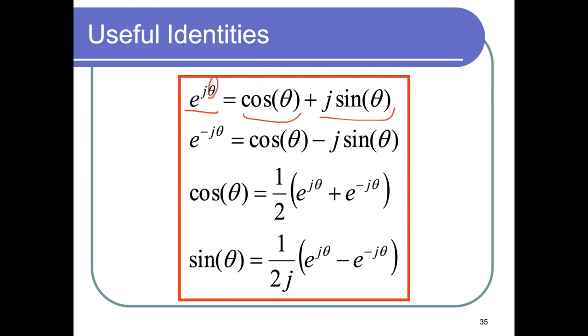Similarly, e to the power of minus j theta is just cosine theta minus j sine theta. With some tricks, you can show that cosine is 1 over 2 of e to the power of j theta plus e to the power of minus j theta.